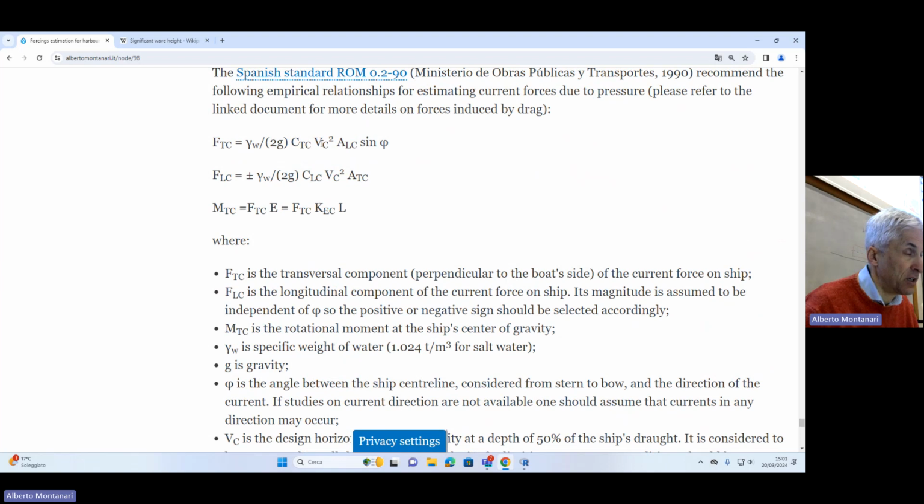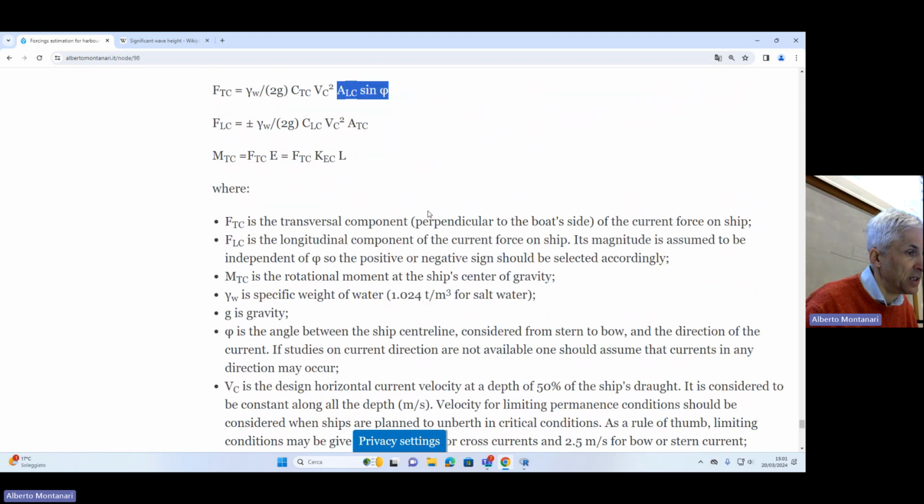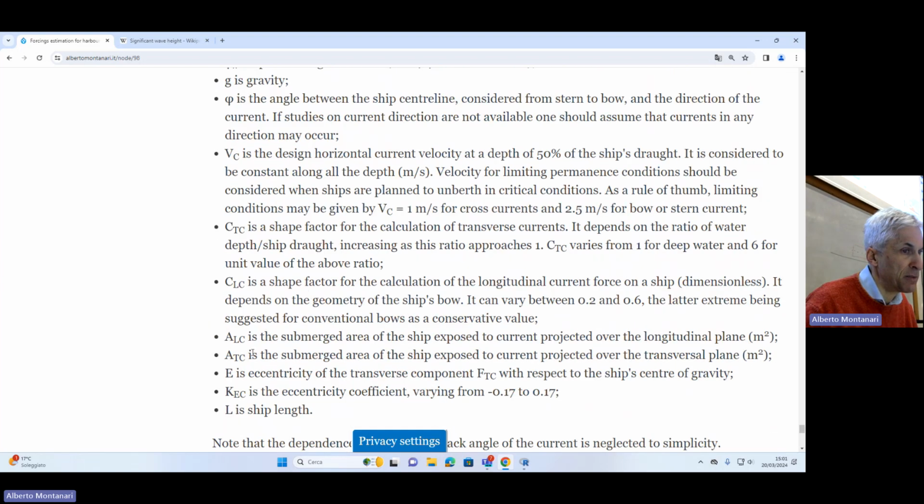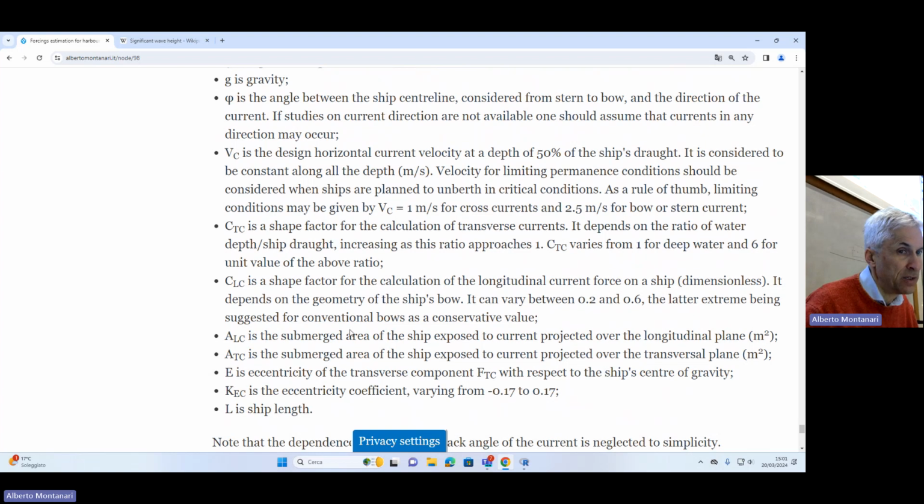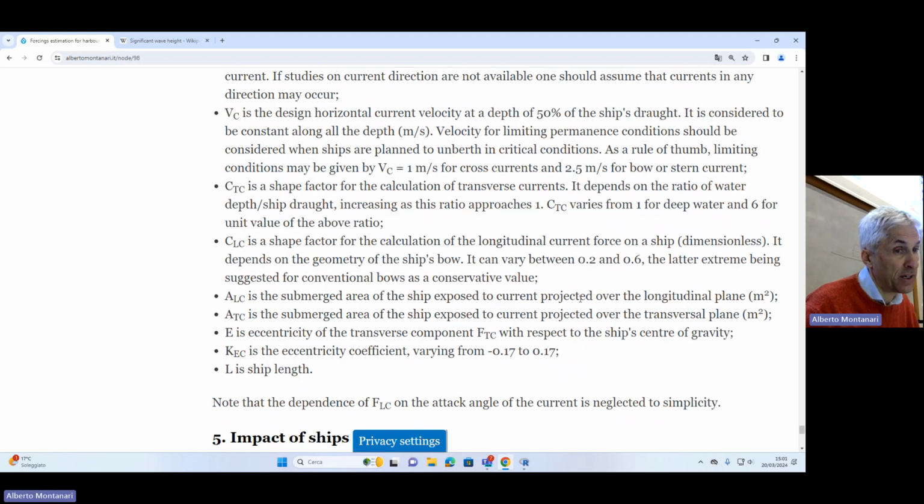So a shape factor, velocity, and the area of the ship exposed to the current along the transversal direction, which is the product ALC times sin phi. ALC is the submerged area of the ship exposed to the current projected over the longitudinal plane.